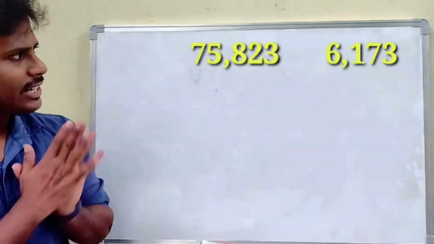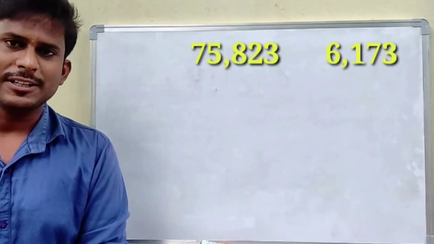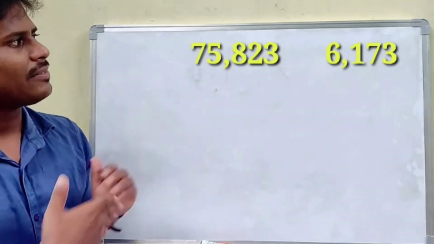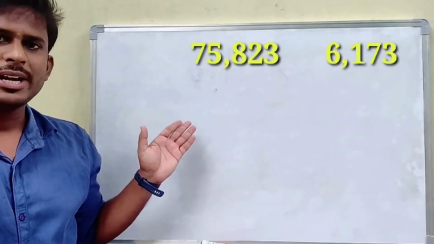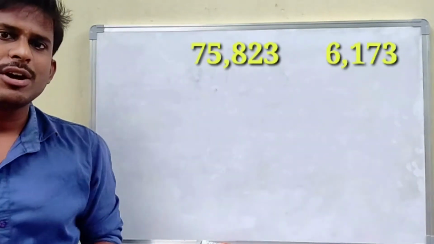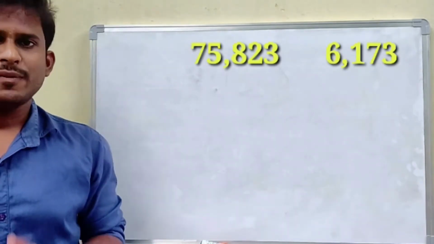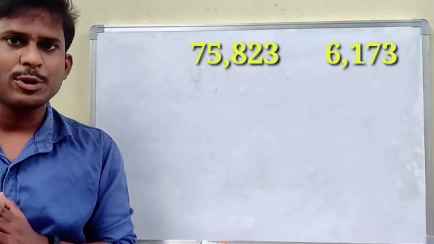Rule 1, check once whether the digits in both numbers are the same or not. This side has a greater number of digits compared with that side. This side you have 5 digits, and on the right hand side you have only 4 digits. So first we have to compare whether the number of digits is the same or not.